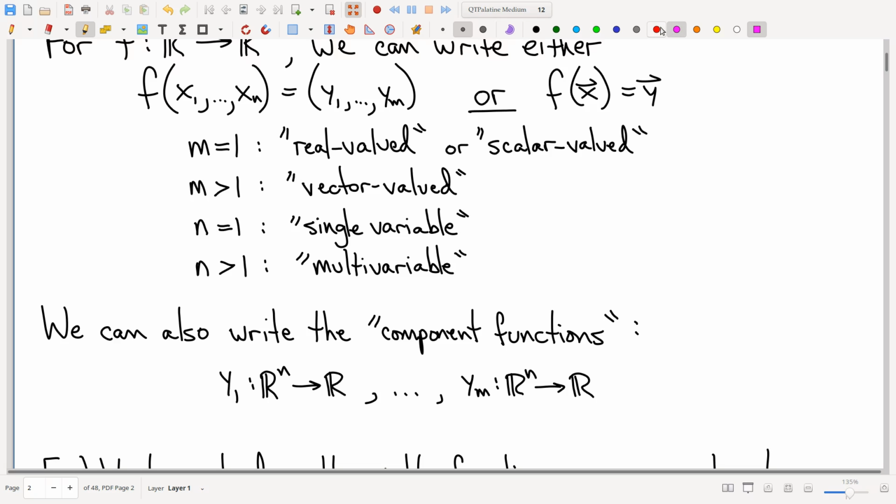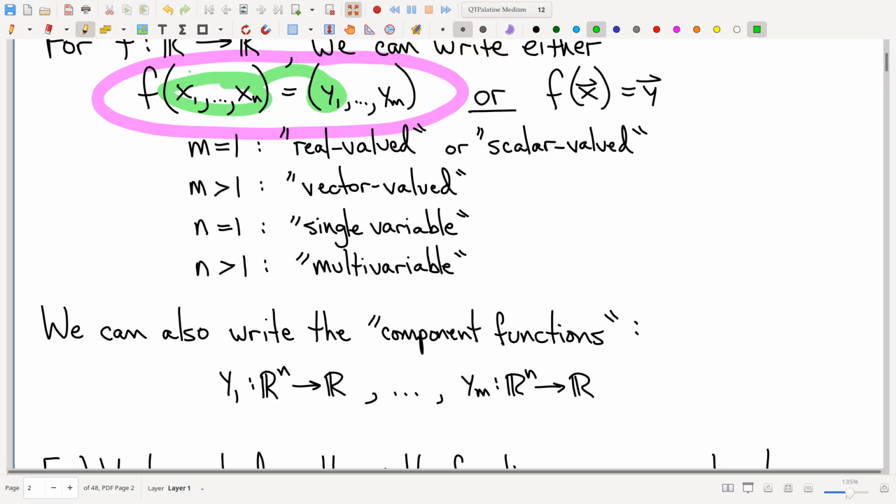Okay, a real quick observation about component functions. So now let's talk about this original function f we were looking at, several in, several out. So all of these output variables depend on the several x input variables. But in addition to all depending, they also individually, one at a time, depend on all of those input variables.